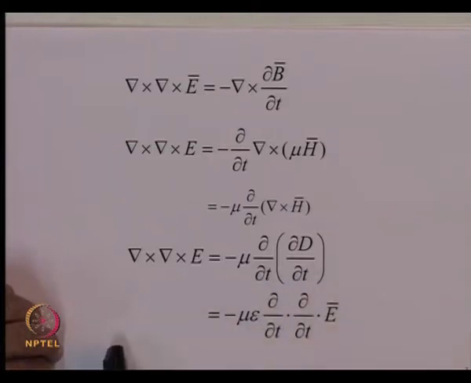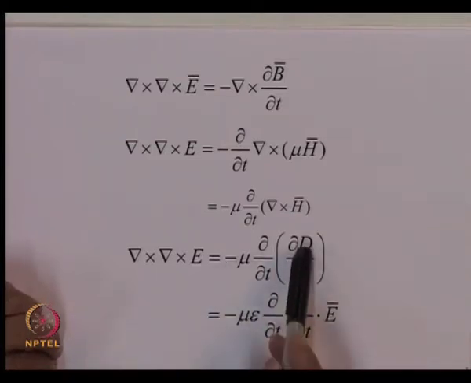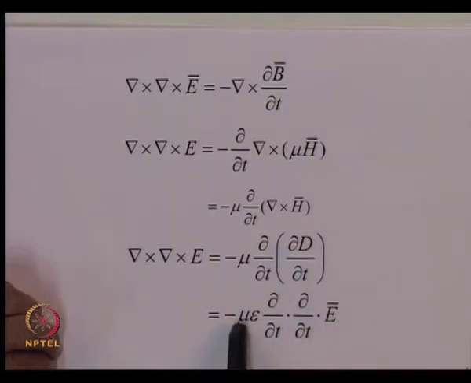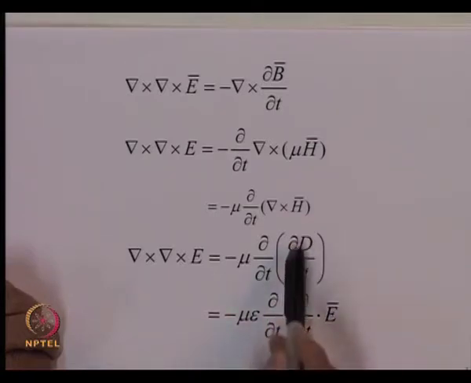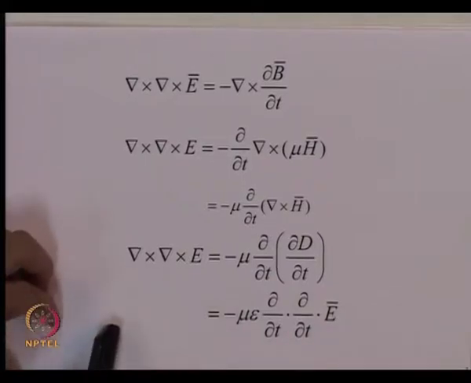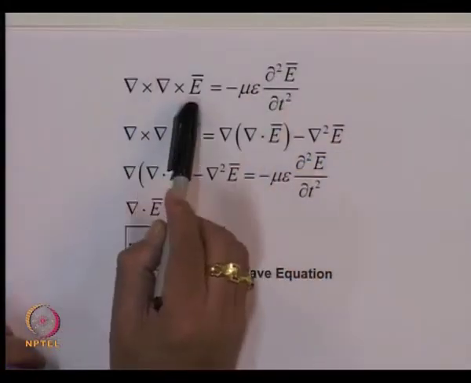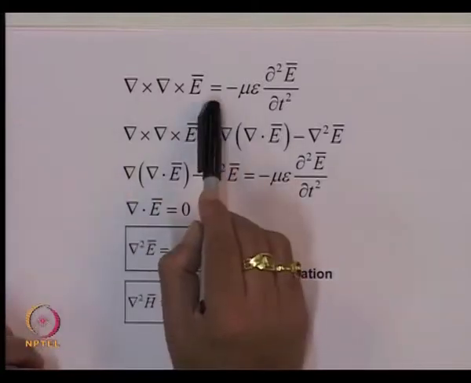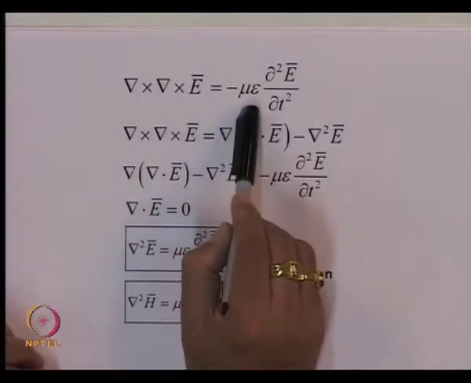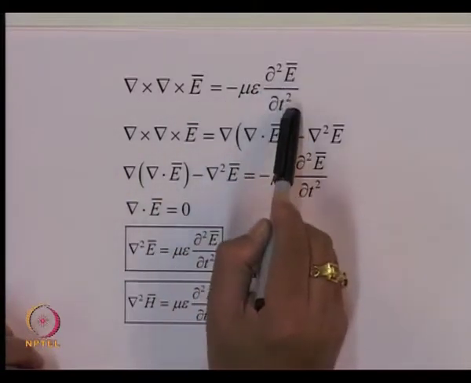So, I can combine this to get minus mu epsilon, because D is epsilon times E, so you get mu epsilon d by dt of E. This is nothing but the second derivative of E with respect to time. So, you get the equation del cross del cross E is equal to minus mu epsilon d square E by dt square.